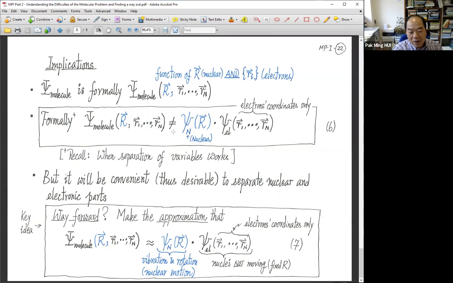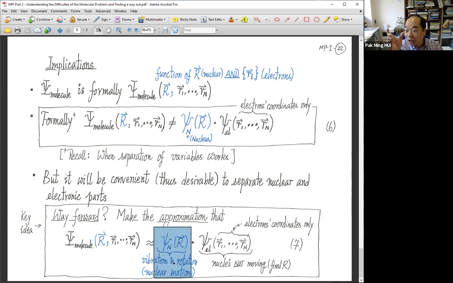Okay? So now, the very last line in this section. We know that equation 6 is in principle wrong, but we want to do it. Okay? So we are going to make an approximation that this molecule's total wave function can be represented by a product of two parts.